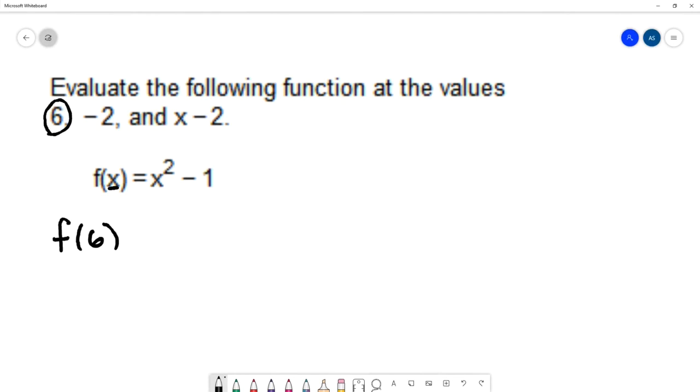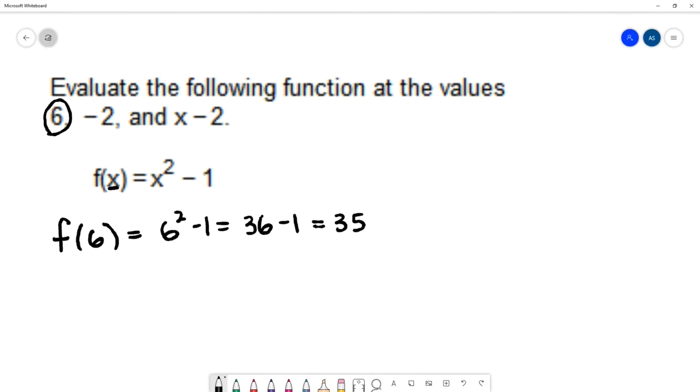So we're going to evaluate at 6. That means replacing the x with 6. That would give 6 squared minus 1. 6 squared is 36. I'm following order of operations there. So 36 minus 1 would be 35.